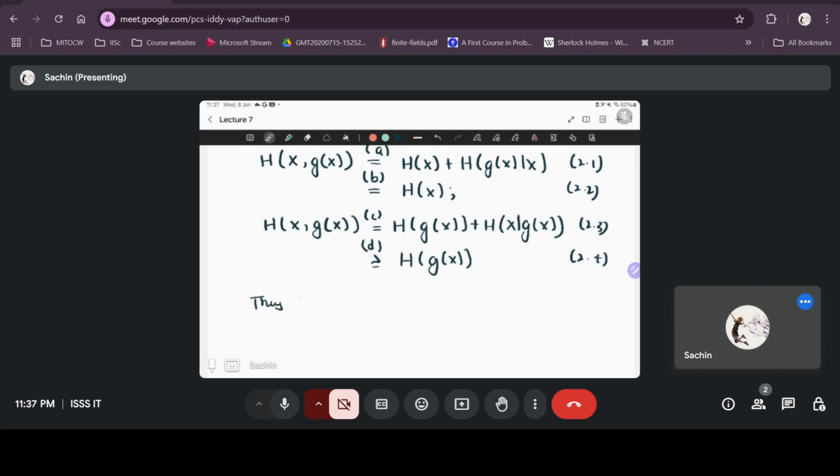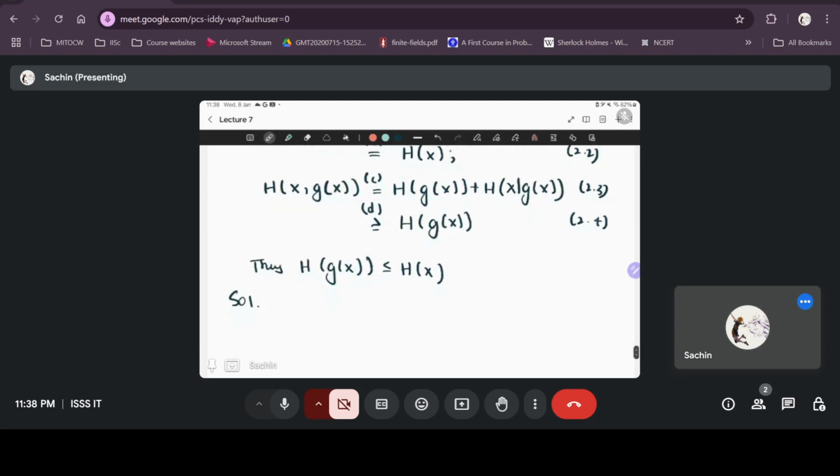Thus, h of g of x is less than or equal to h of x comma g of x, but h of x comma g of x is equal to h of x. That is, h of g of x is less than or equal to h of x. So you have to give justification for each of the steps. The justification for a is the chain rule for entropies.